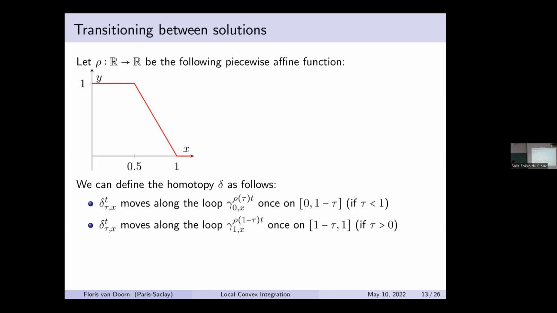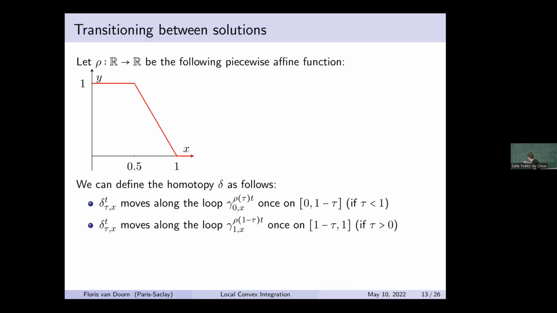So here, if you look at delta 1, maybe if I write this, for tau less than a half, delta 1 of tau x is just gamma 0.